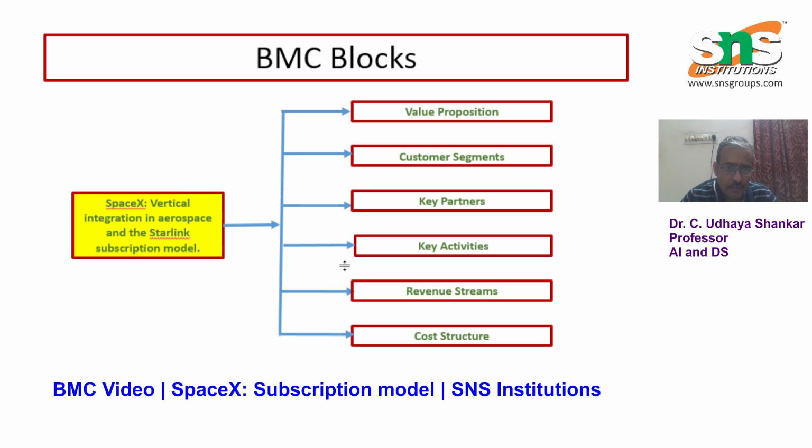And next is customer segments. For customer segments we can go with NASA, the US Department of Defense, commercial satellite operators, and also B2C like rural customers, commercial airlines, military, etc. The key activities in this regard will be in-house manufacturing and engineering, rocket launch and recovery operations, and mega constellation satellite manufacturing, like Starlink assembly lines.